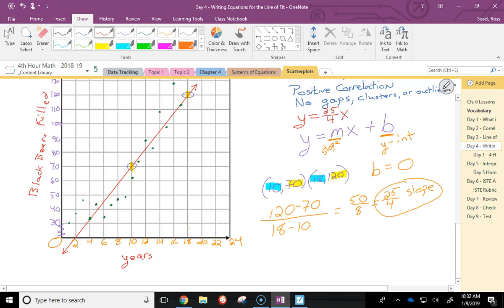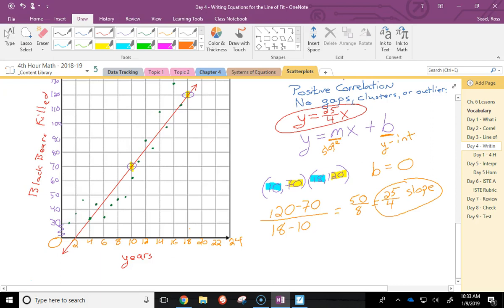We already said our y-intercept is 0. So am I going to add anything on there? Am I going to say plus 0? No, I don't have to. That is my equation. That is what you will do for today's assignment.